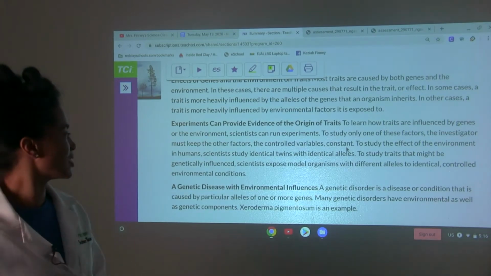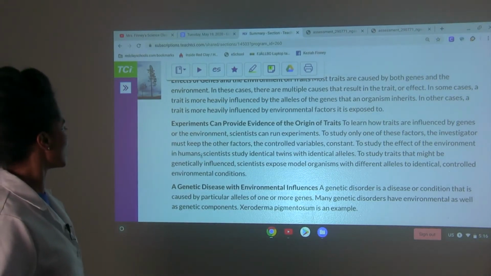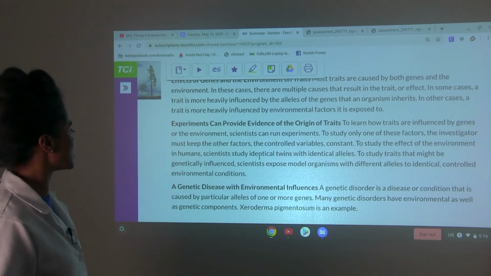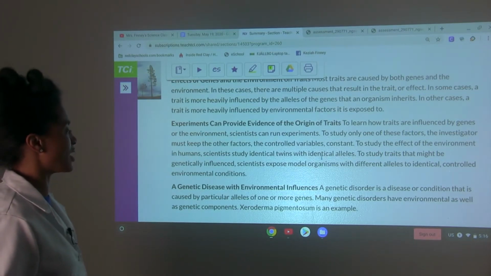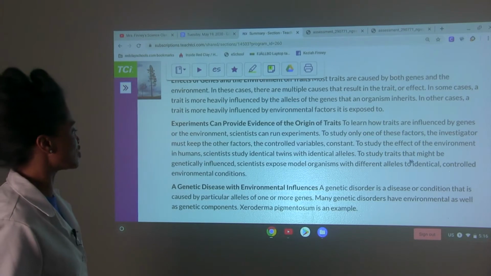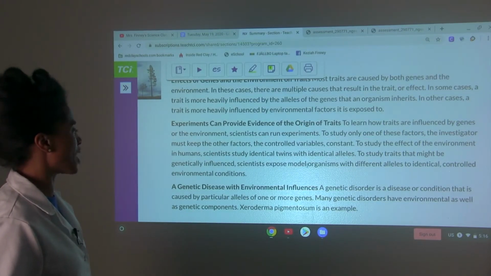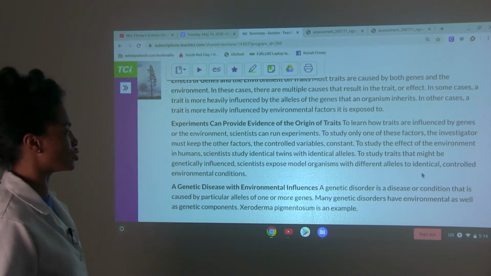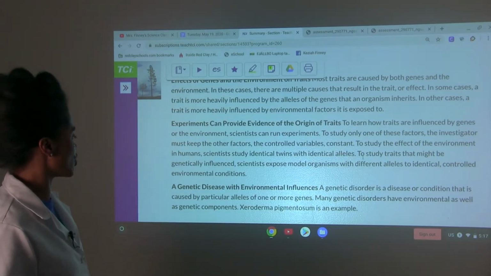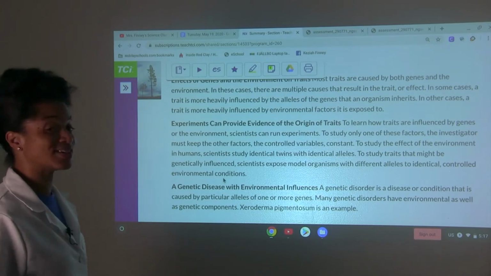This is something you want to think about. To study the effect of the environment in humans, scientists study identical twins with identical alleles. To study traits that might be genetically influenced, scientists expose model organisms with different alleles to identical, controlled environmental conditions.